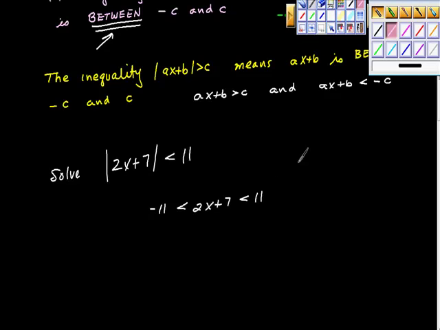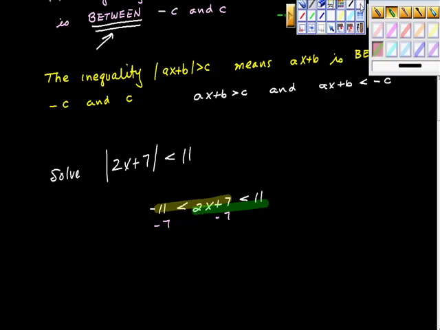What I would usually do is break this into two different problems, but we don't have to, so let's just do it. I'm going to add negative 7 to both sides, if you will. The way I'm looking at this right now is I'm looking at this as one equation right here, and then I'm looking at this part right here and saying this is another equation. I'm just happen to be doing it all simultaneously, right?